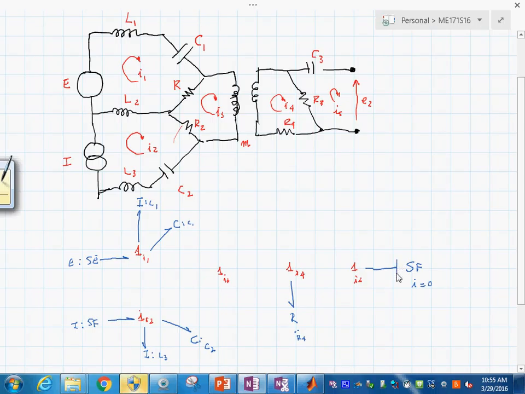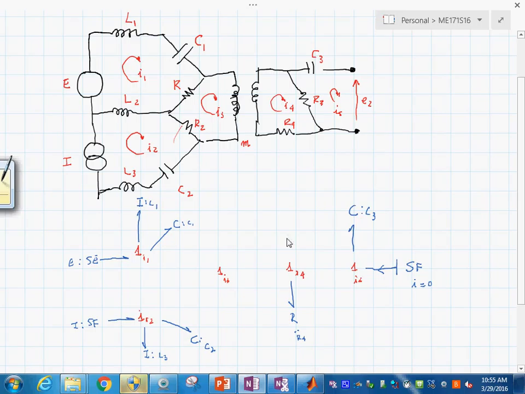That means you measure the voltage, but the current is 0. So on I sub 5, I have the C with value C sub 3. And this is all I can say about the elements that are directly connected to the currents in the loops.